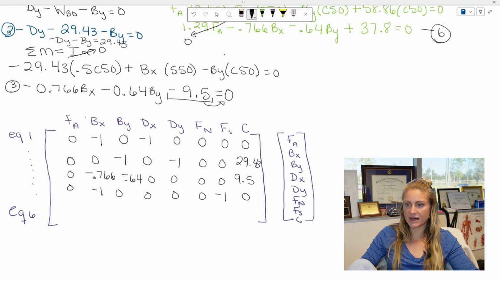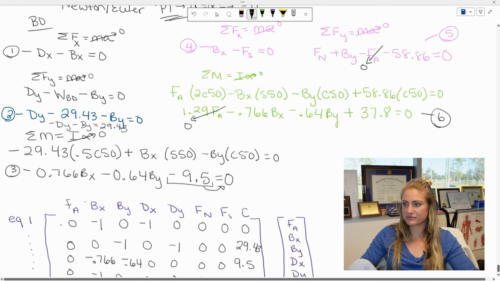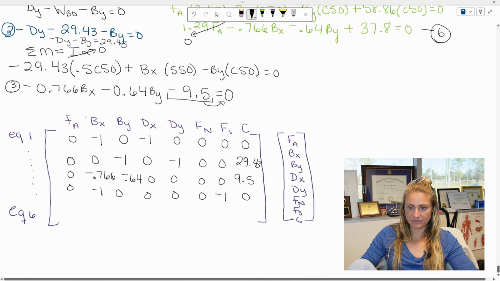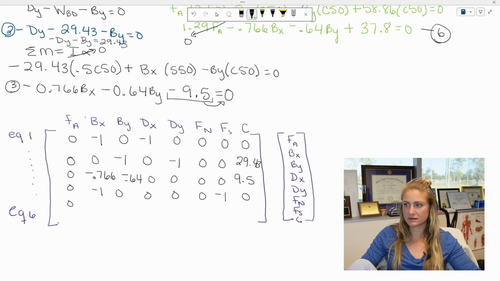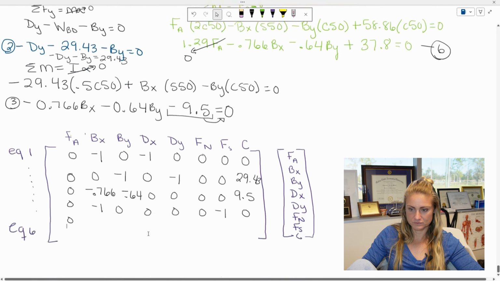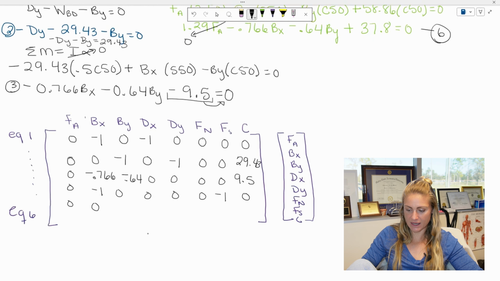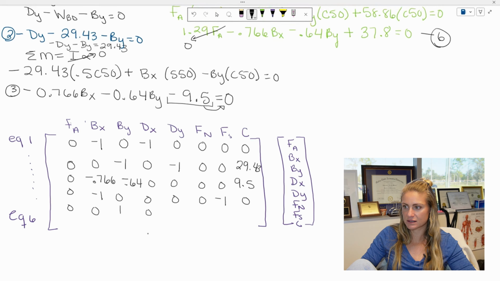Okay, equation 5, we have FN and BY, so our FA is 0 because it's position 1. We have no BX. We have 1 BY. We have 0 BX.